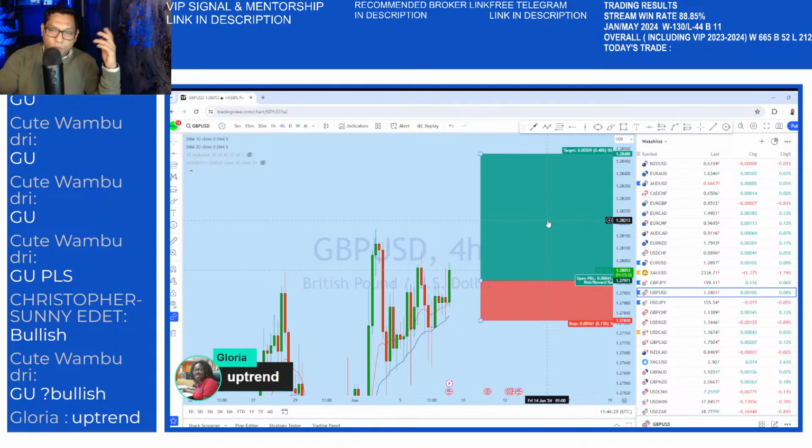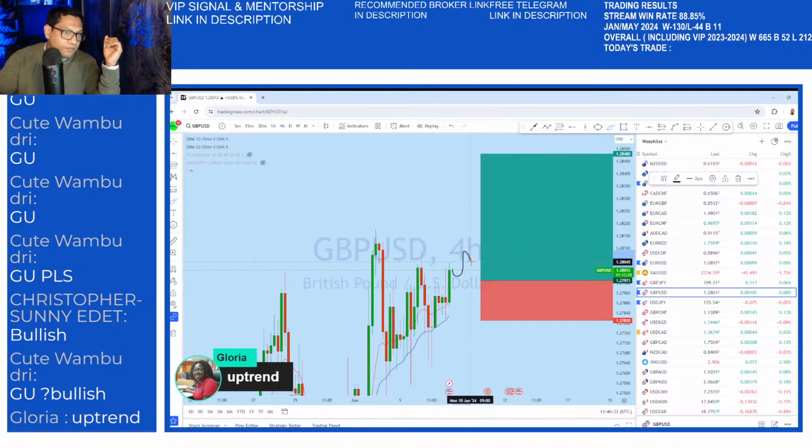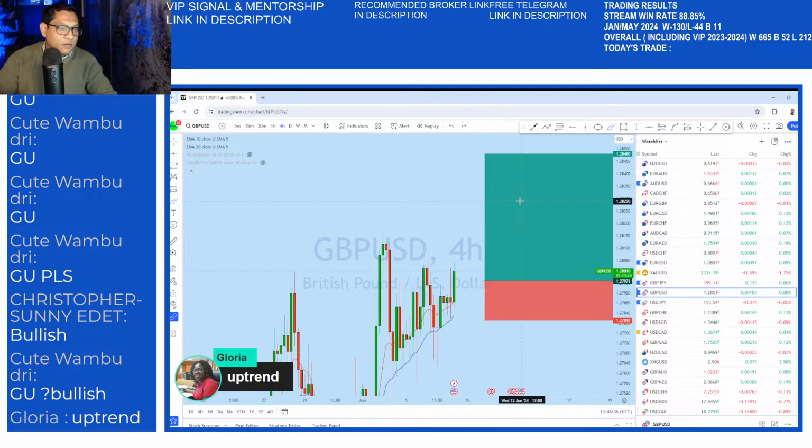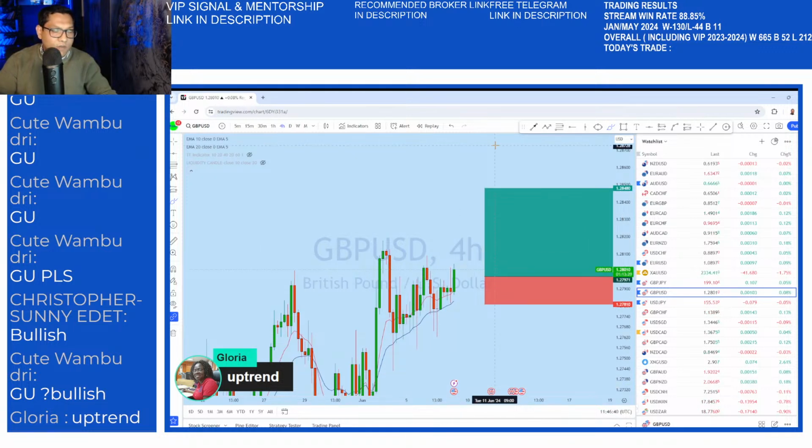Trading is all about probability. It might just bounce and then hit the TP target, which we could eventually see, the market going up, hitting the TP target with the bounce, or it could be the other way. That's why we always do proper risk management.